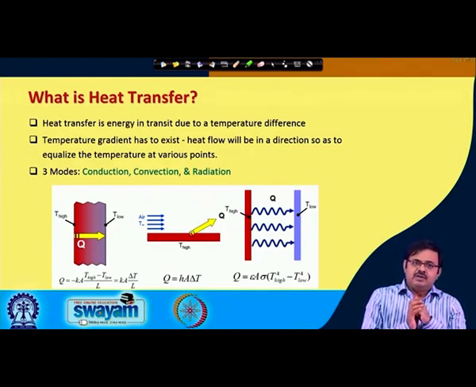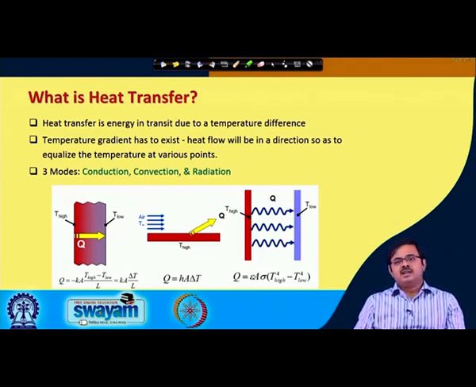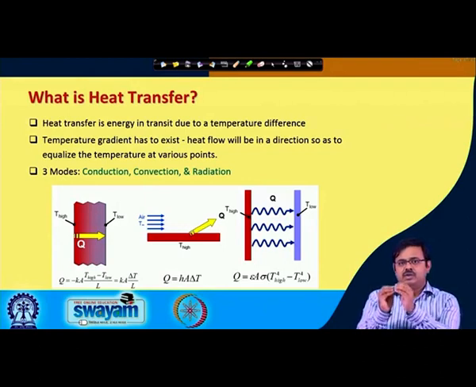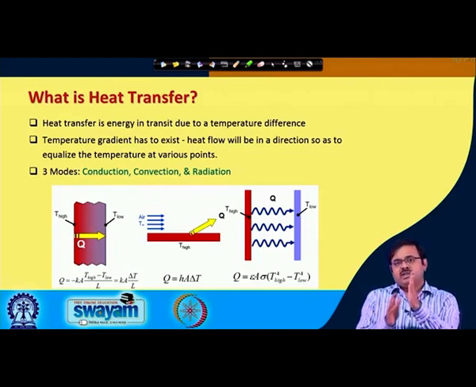On the left hand side, what you see is conduction. Why does conduction happen? Conduction happens because of movement of molecules or lattice vibration of molecules. The molecules at higher temperature vibrate with higher amplitude and pass on the energy to the neighboring molecules which are at a slightly lower temperature. And this is how the energy gets passed from the hotter temperature to a colder temperature.